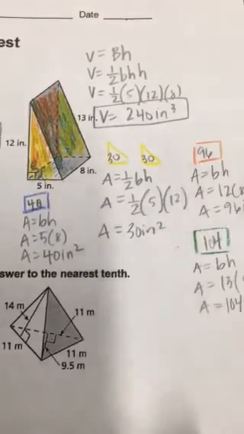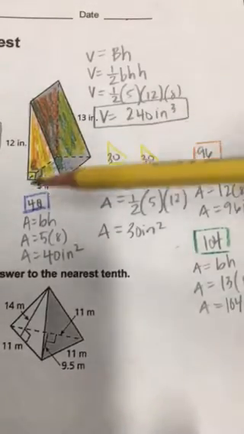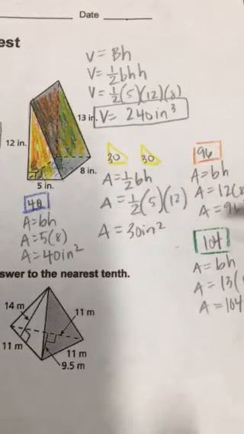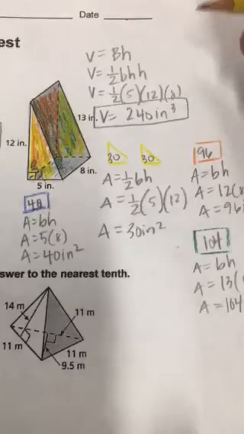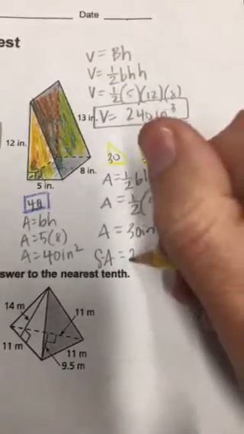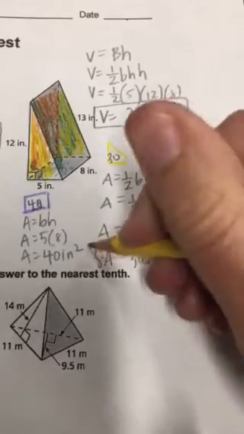I'm going to put 104 in the green box. And if I add up all these individual pieces, 40, 30, 30, 96, and 104, I'll put it right here. I get a surface area of 300 inches squared.